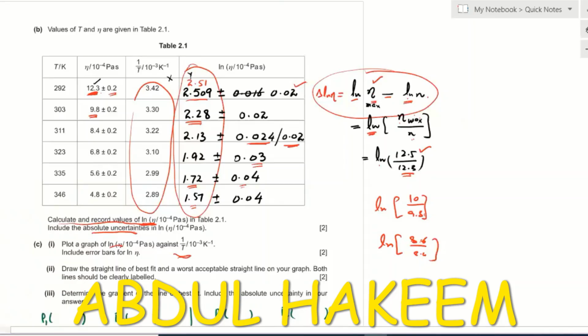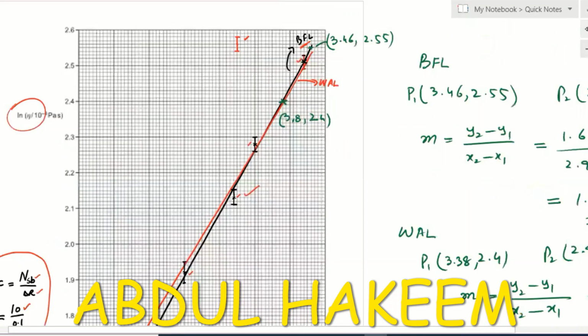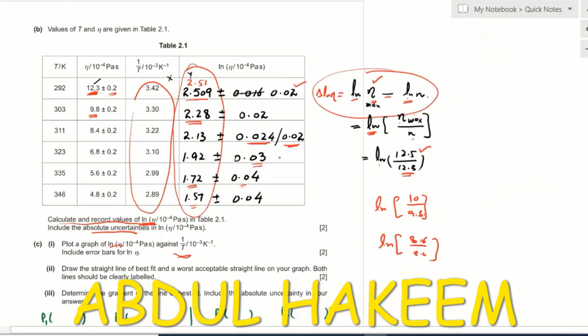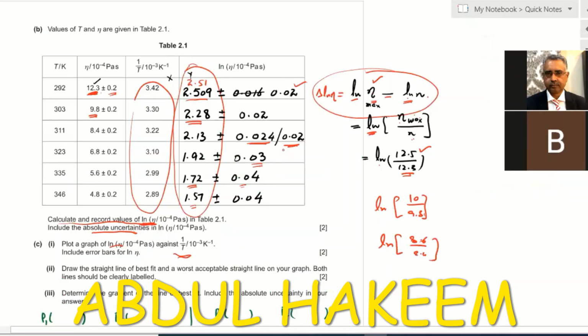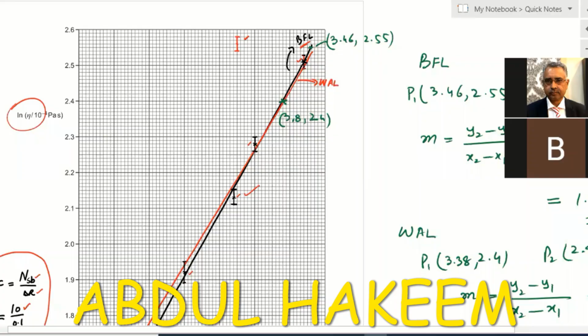So again, approximately 2 boxes up and 2 down. So third, this one, the same, 2 boxes up, 2 down the bar. And then the next is 0.03. So we will draw 3 boxes up and 3 boxes down.